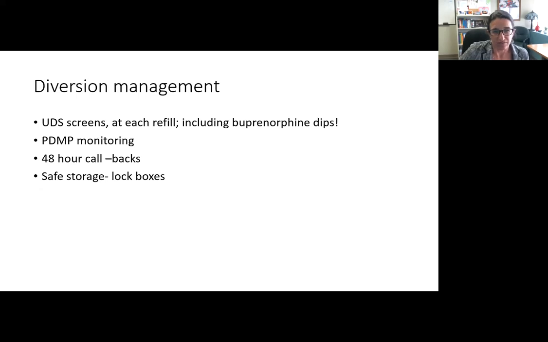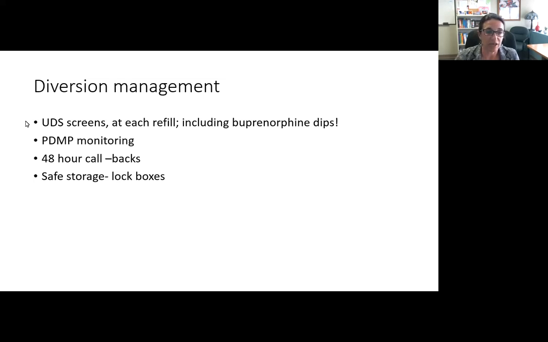As far as concerns of diversion, most clinics will do the urine drug screen at each refill, and we definitely do those here. You can do them randomly as well, but it's appropriate to do them at the refill. You want to make sure buprenorphine is included in that, and it's recommended at least a couple times a year to confirm the buprenorphine metabolites are present as well.